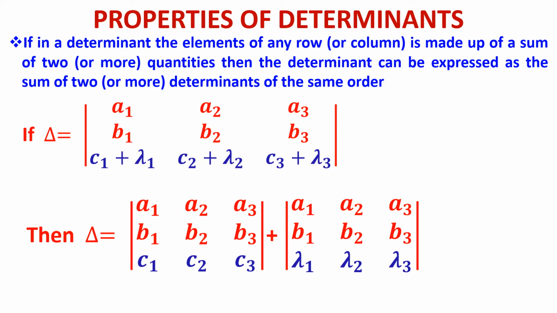The first determinant contains the first two rows of the original, and the third row is C1, C2, C3. The second determinant has the first row and the second row as such, and the third row is lambda 1, lambda 2, lambda 3. This property is highly useful in splitting a determinant into two and then evaluating them for our convenience.